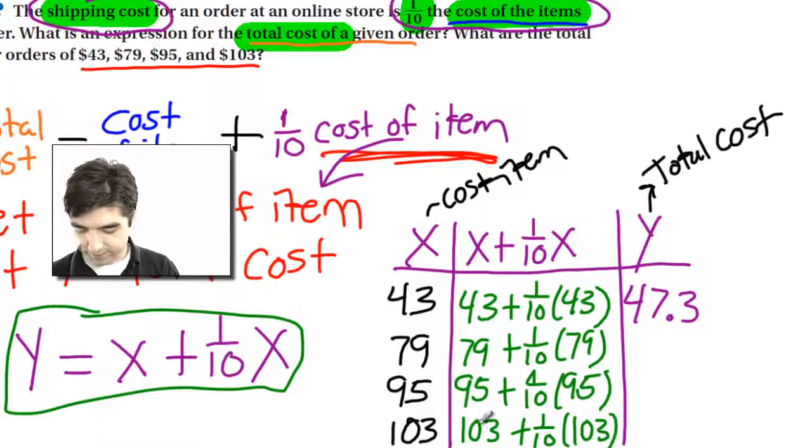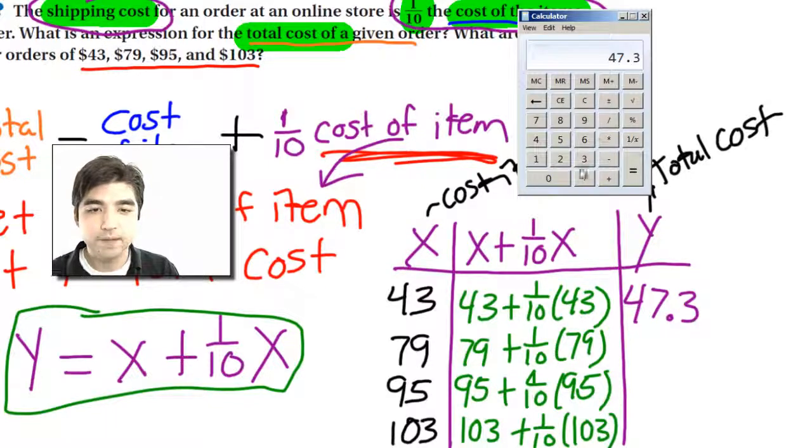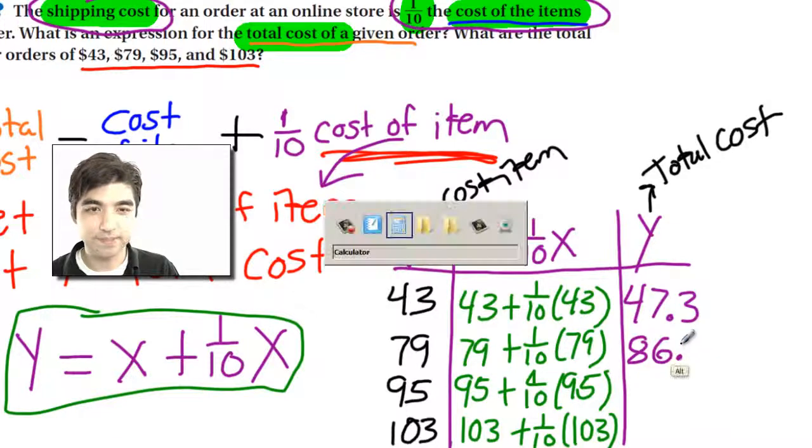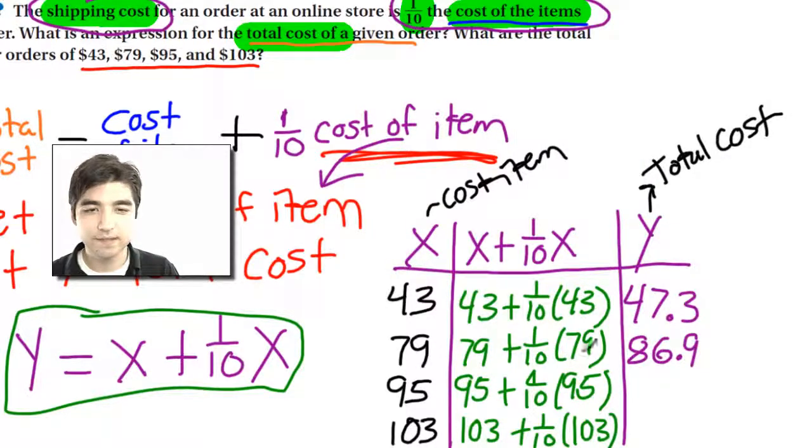And then we do that for 79. So 0.1 times 79 equals 7.9, plus 79 equals 86.9.